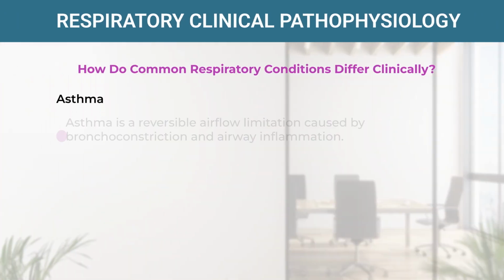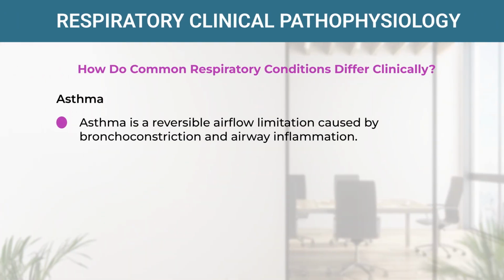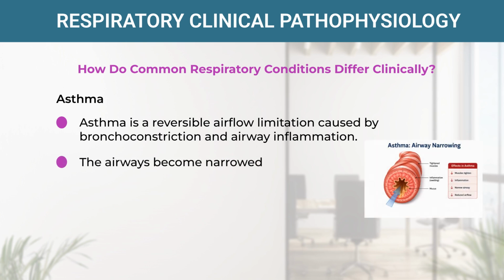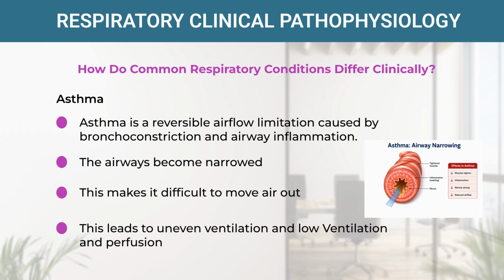Asthma. Asthma is a reversible airflow limitation caused by bronchoconstriction and airway inflammation. In asthma, airways become narrowed, making it difficult to move air out, leading to uneven ventilation and low ventilation and perfusion.